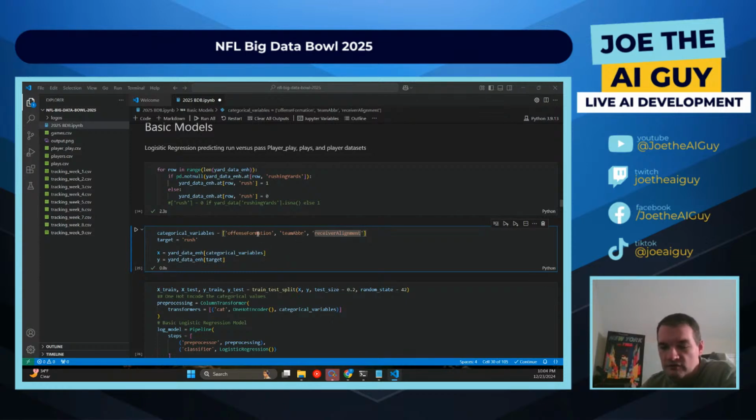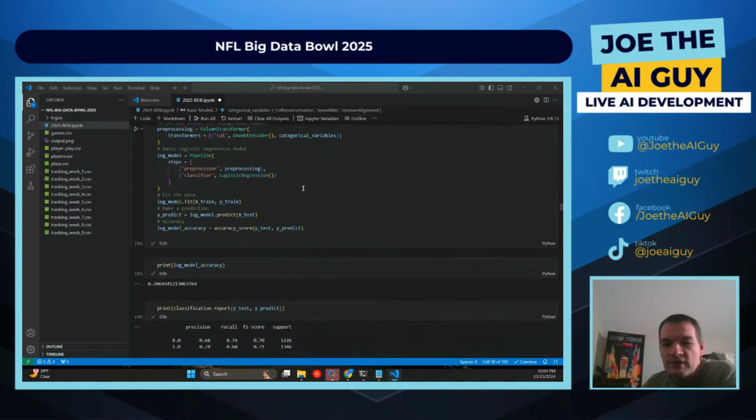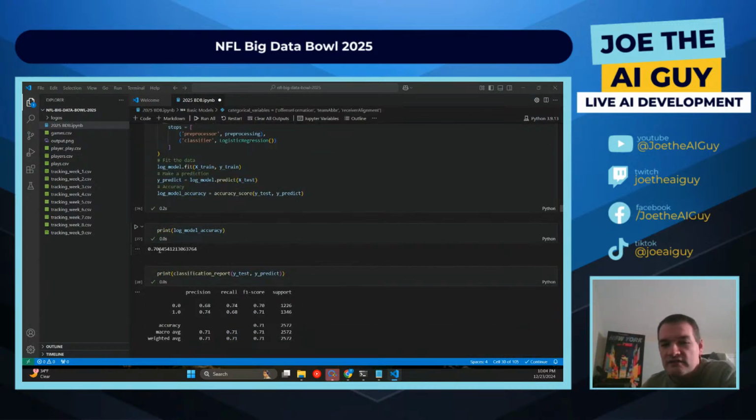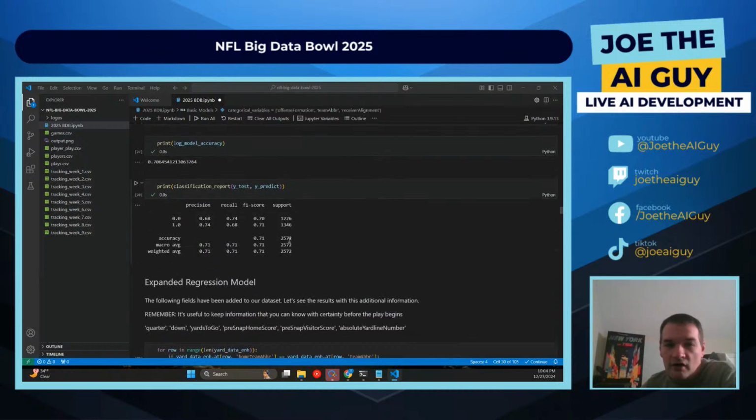You can have like 3 receivers on one side, 1 on the other, or 2-2, and balance things out that way. So that actually did add a little bit of power. But just knowing these 3 pieces of information, you get a model that is a little over 70% accurate in terms of run versus pass. So just knowing what team you're going up against, what the formation is, and how their receivers are, will give you a good idea on what's actually happening on the play.